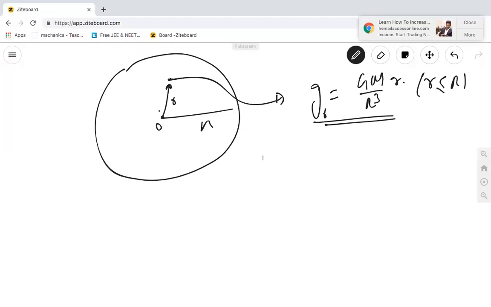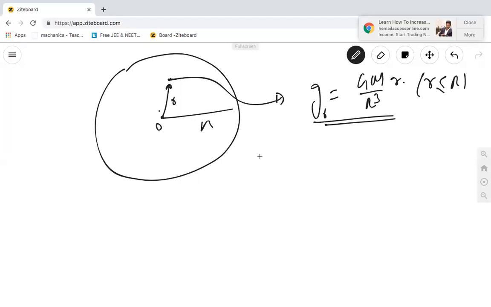Would it be the same equation? No, we don't have any more radius. 0?